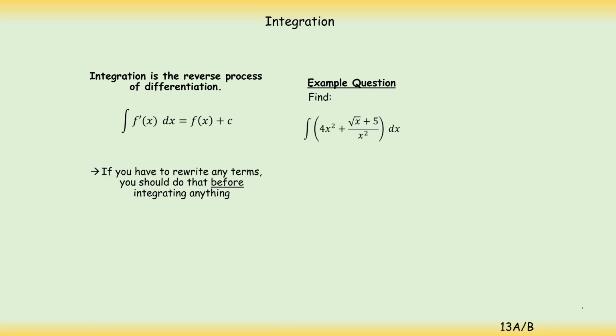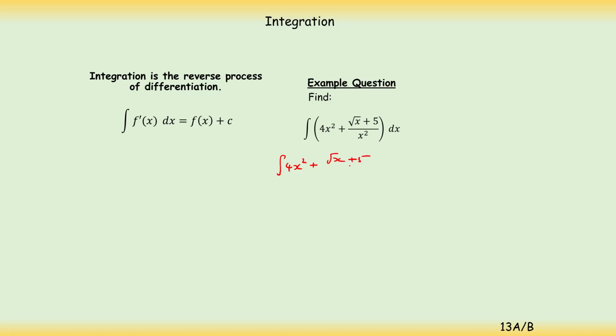Okay, so let's have a look at this function here. It looks challenging, but it isn't really if we simplify it. So we've got the integral of 4x squared plus the square root of x plus 5 divided by x squared with respect to x.